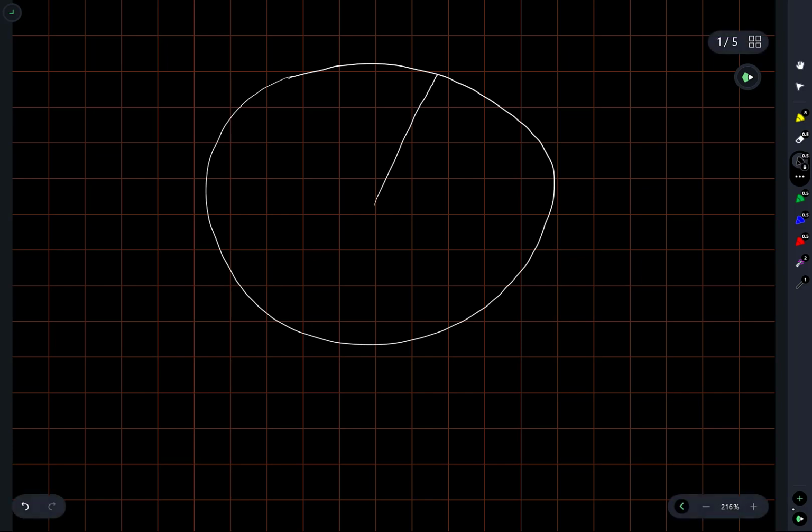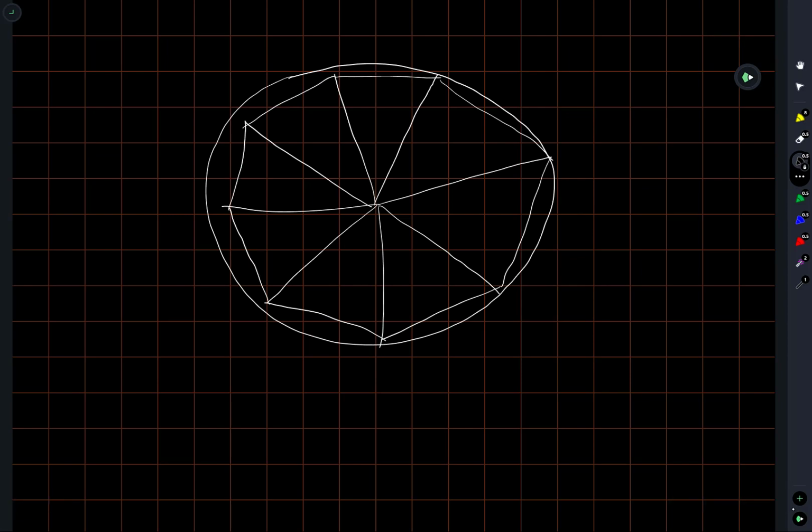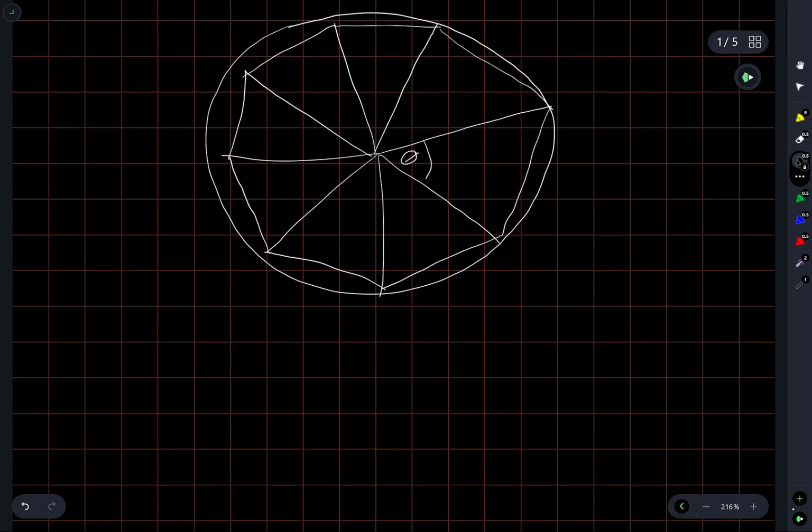So if our polygon goes around like this, imagine that everything is completely symmetric here. The fact that I'm drawing it very badly might actually help us prevent us from assuming things that are not true. If we call that angle theta, then theta is equal to 2 pi divided by n.